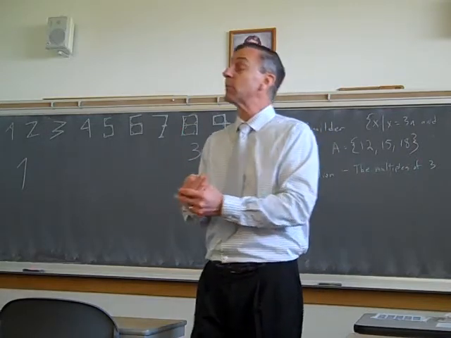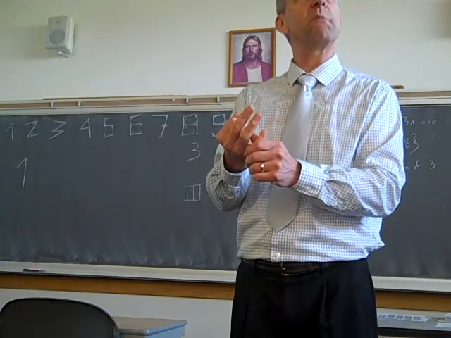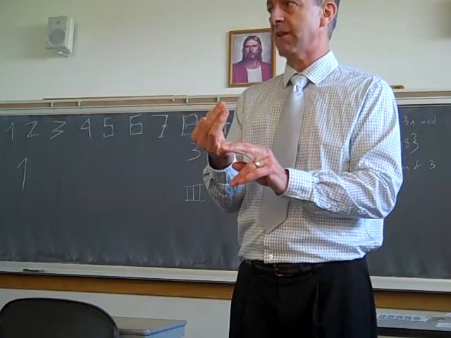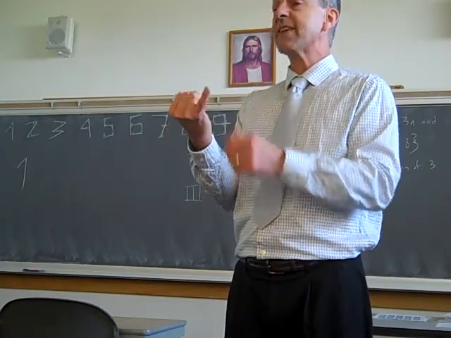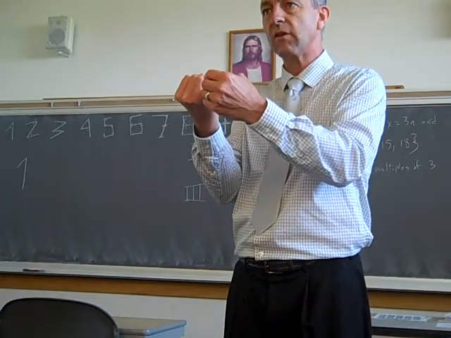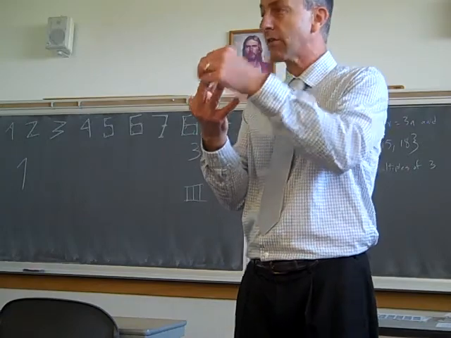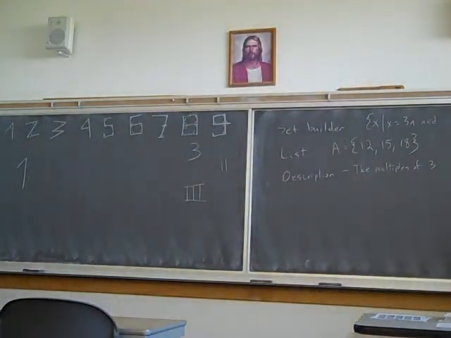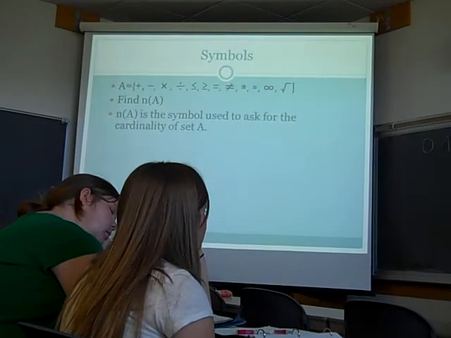And what we do when we count and teach them how to count is we make a one-to-one correspondence between the numbers, specifically the counting numbers, that's why we call them the counting numbers, and some object. So when I say 1, it goes with this. When I say 2, it goes with this. When we found the cardinality of set A, what did all of you do?